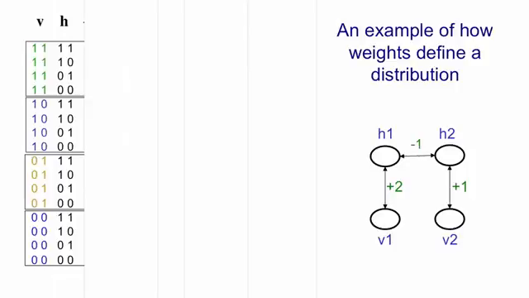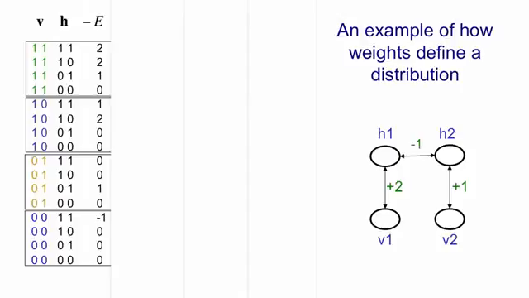Now, for each of those joint configurations, we're going to compute its negative energy, minus E. So if you look at the first line, when all of the units are on, the negative energy will be plus 2 minus 1 plus 1, which is plus 2. And we do this for all 16 possible joint configurations.